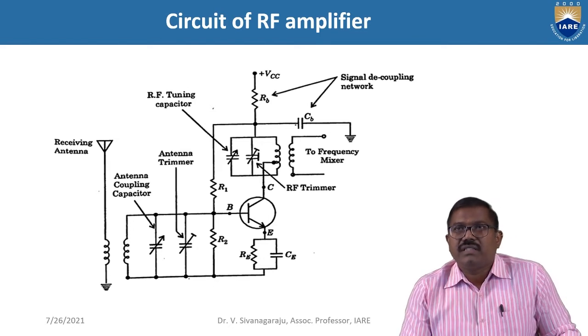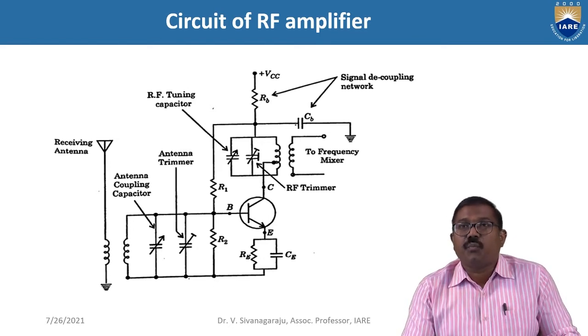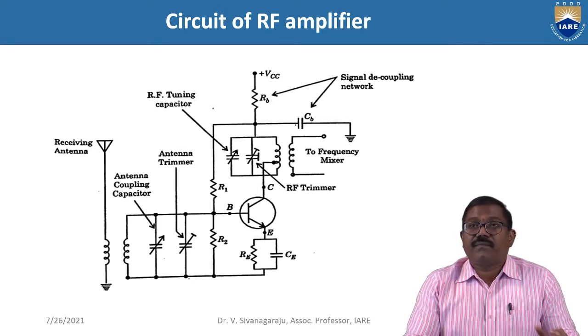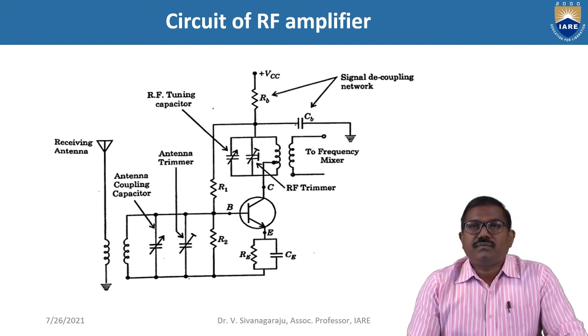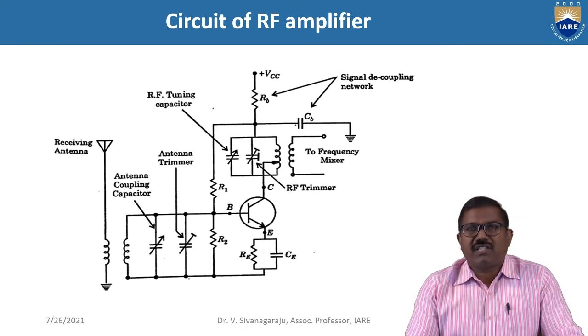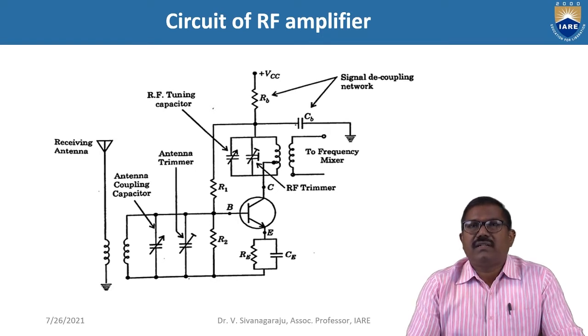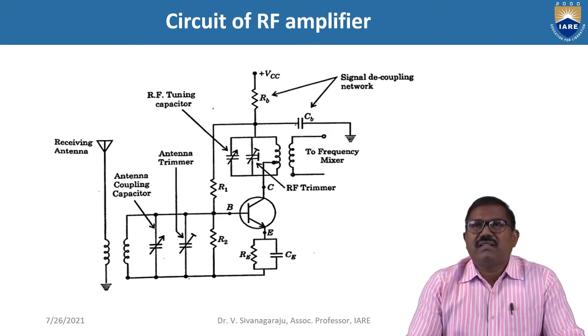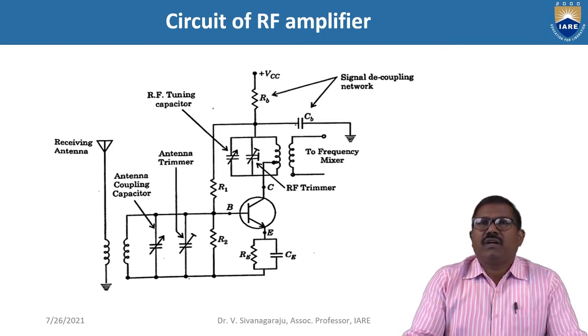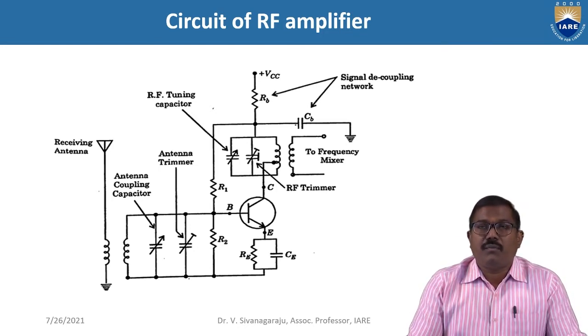After this RF section, the signal goes to the mixer. In that circuit you can also see the frequency mixer, which converts the frequency. It has an antenna coupling capacitor, antenna trimmer, RF tuning capacitor, and a signal decoupling network. So these are the parts of the circuit of this RF amplifier.